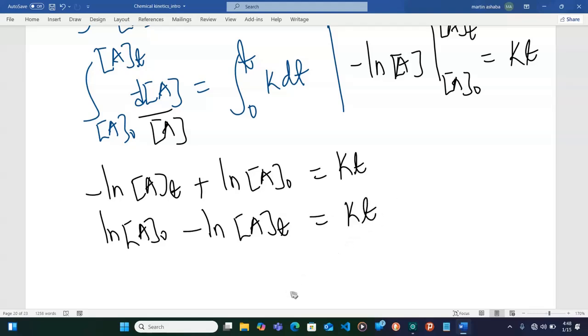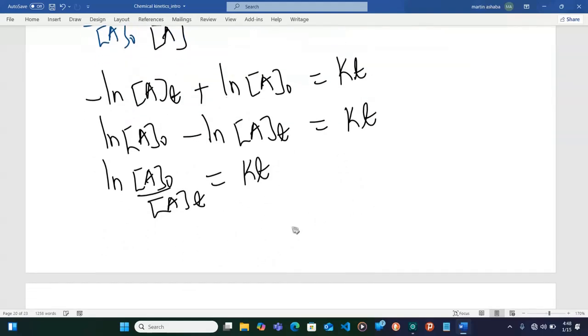So what does this mean in logarithms? First of all, this is going to mean the natural logarithm of A at t equal to 0 divided by A after time t, and this is giving us kt.